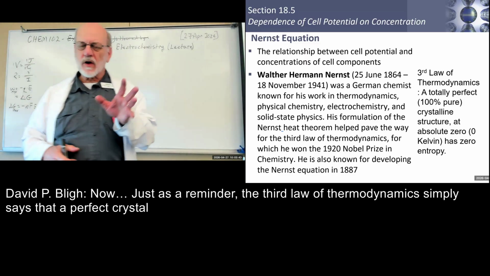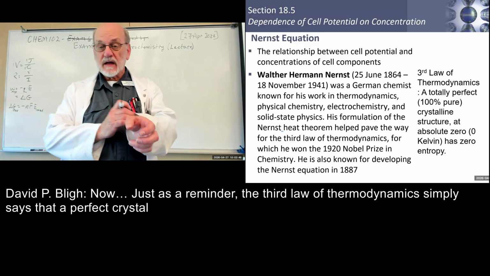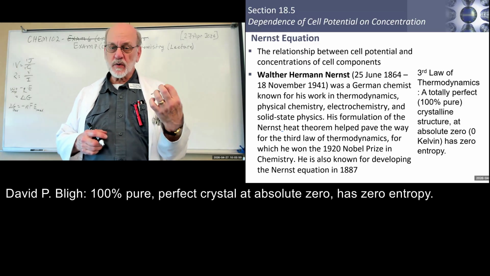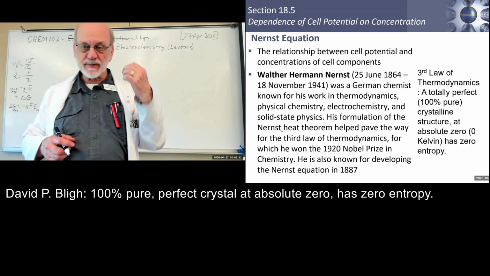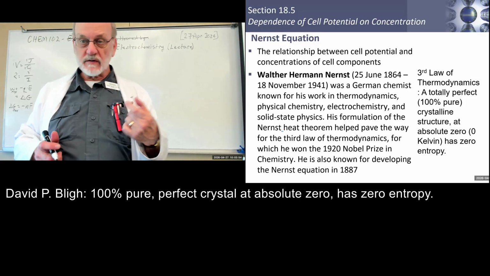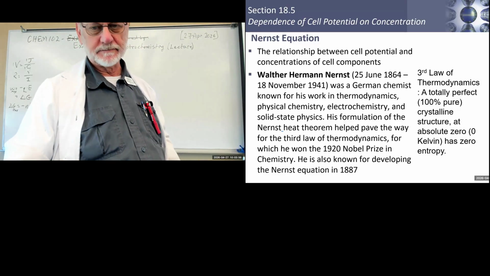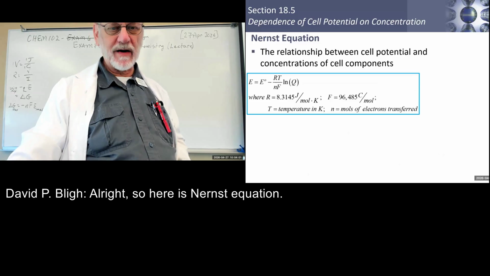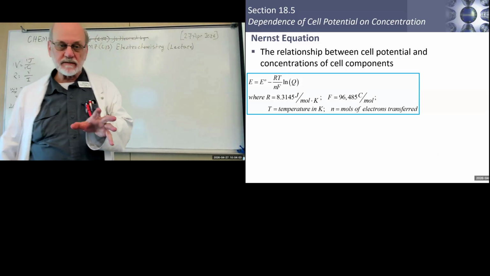Now, just as a reminder, the third law of thermodynamics simply says that a 100% pure, perfect crystal at absolute zero has zero entropy. All right, so here's Nernst's equation.